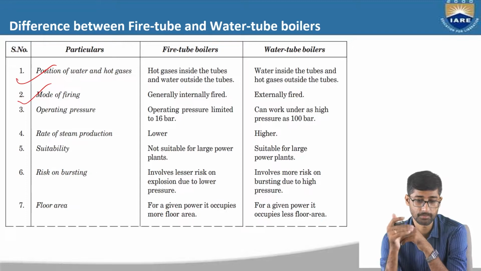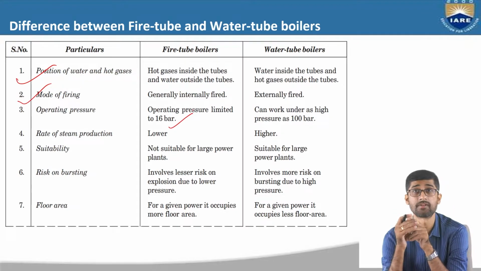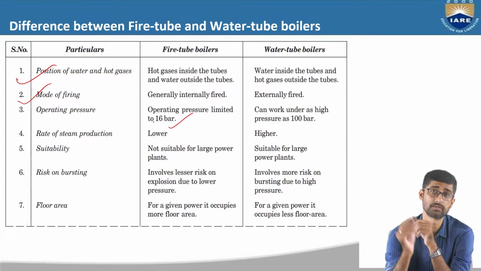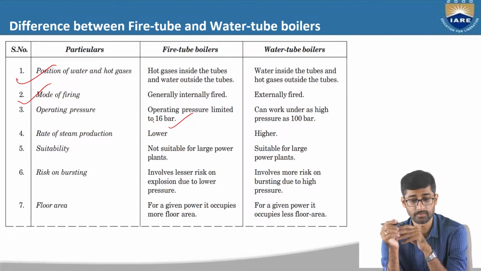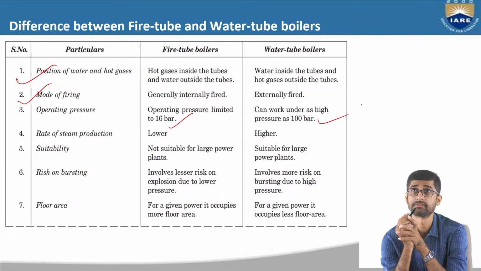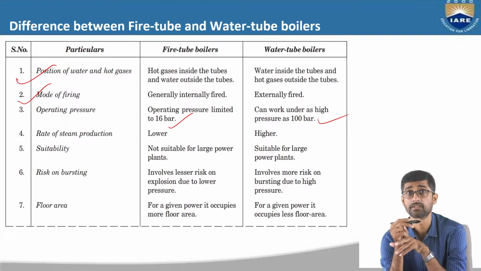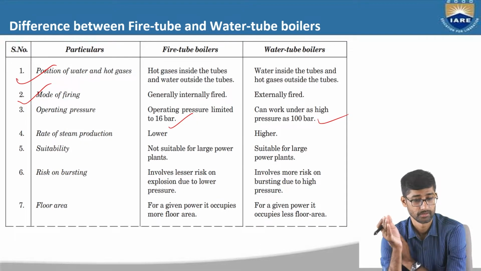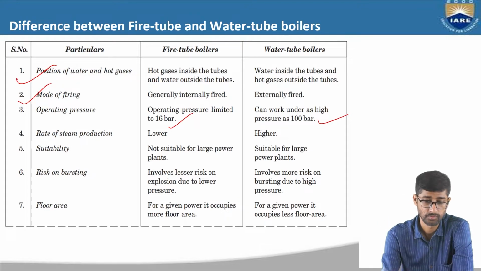Operating pressure: it is limited to 16 bar in the case of fire tube boilers, right? That's why it is called a low pressure boiler. In water tube boilers it can be up to 100 bar. That's why it is called a high pressure boiler. According to the rate of steam production, the fire tube boiler produces less compared to the water tube boiler, so it is not suitable for large power plants, right?